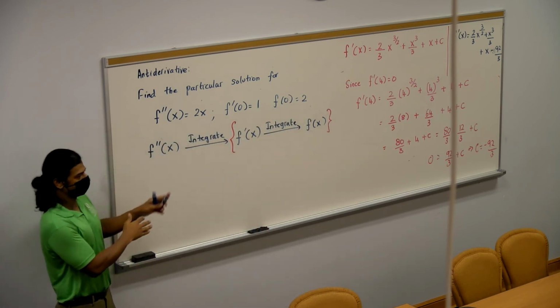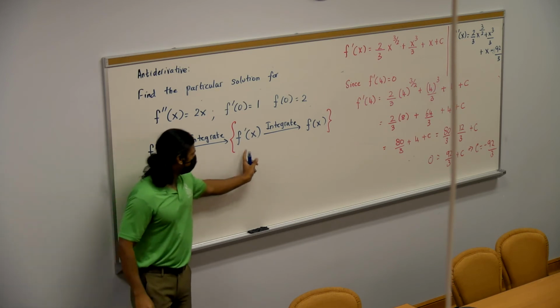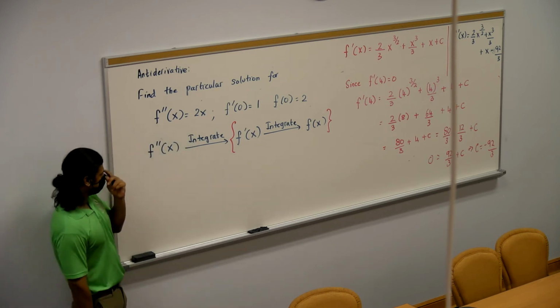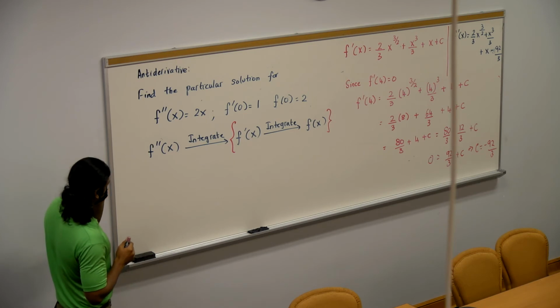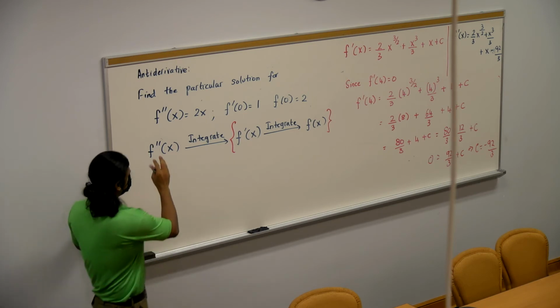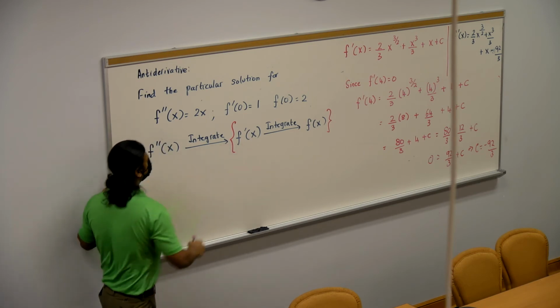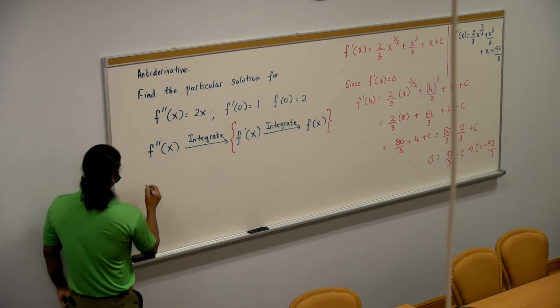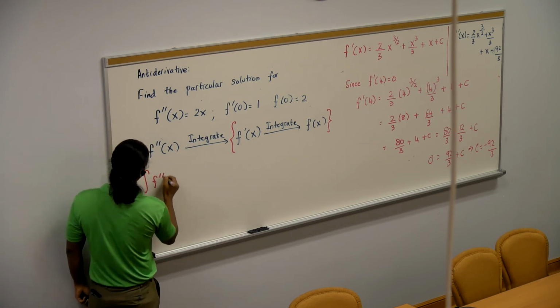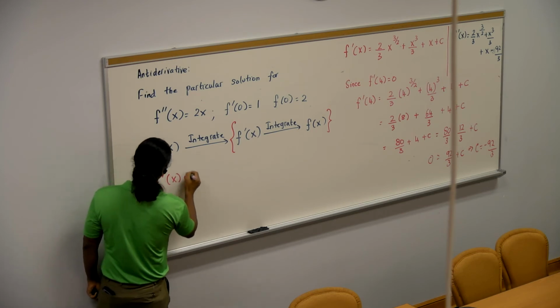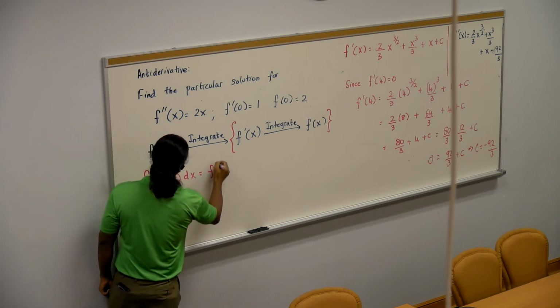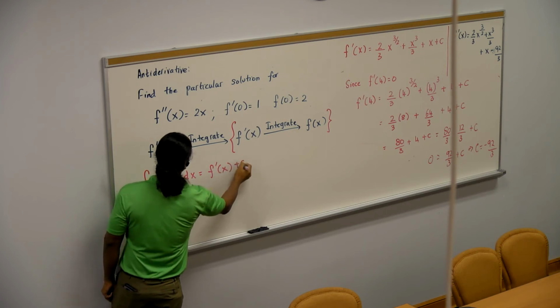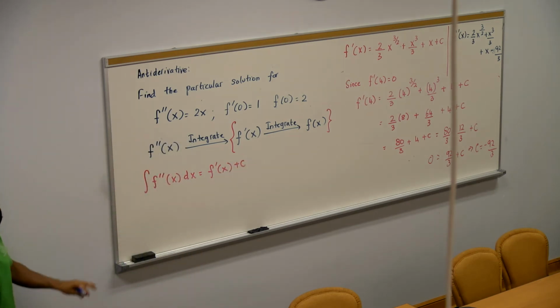So we just have one extra step. The first step is to go from f double prime of x to f prime of x. So the integral of the second derivative dx would be equal to f prime of x plus c.